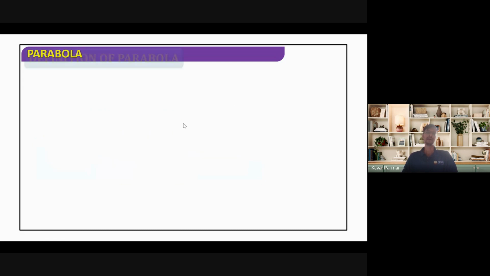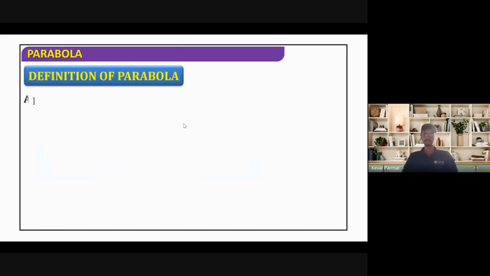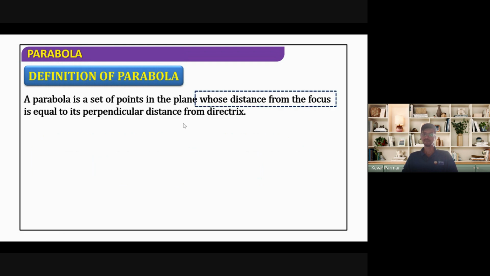So, definition of a parabola. I hope you know the definition of parabola. The eccentricity equals 1. Now, please pay attention. If the eccentricity equals 1, that means I can write SP equals PM.